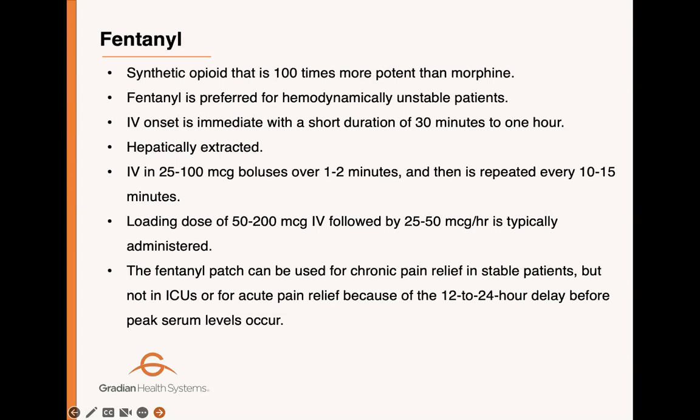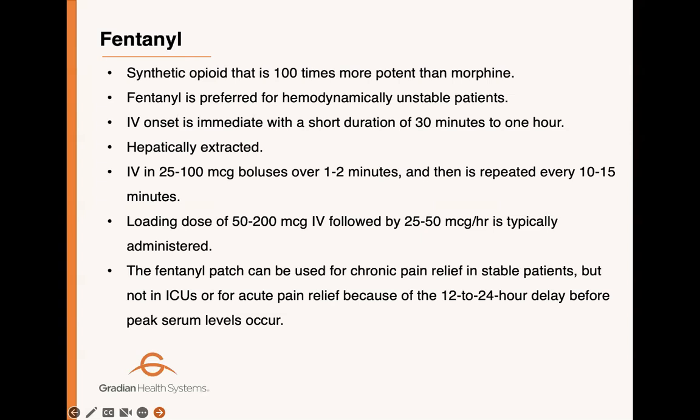Next. Morphine is naturally occurring. So we have a synthetic version, which is fentanyl. It's more potent than morphine, and this is because it's more lipid soluble compared to morphine.